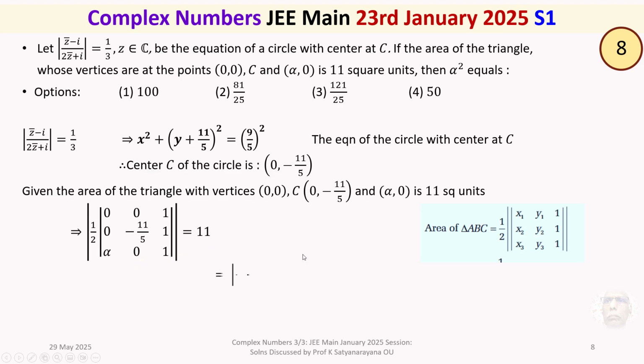Cross multiplying, you get 2 times 11 is 22, and expanding this determinant by the first column you get modulus of minus 11 by 5 alpha. Then mod alpha will be 22 into 5 by 11, that is 10. Now alpha square is mod alpha square, that is 10 square, which is equal to 100.